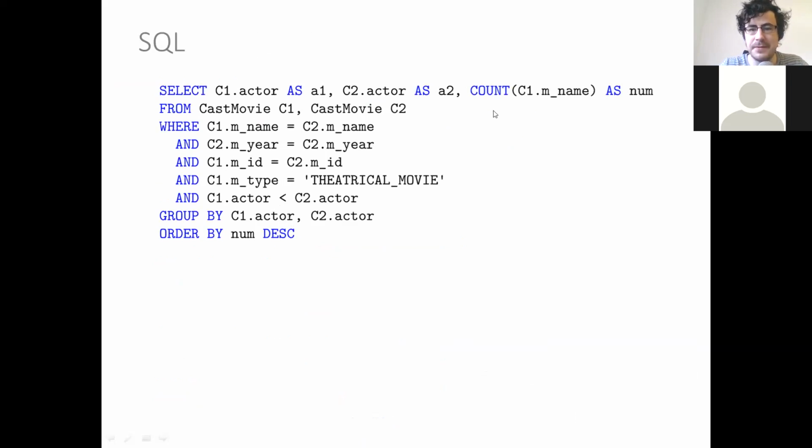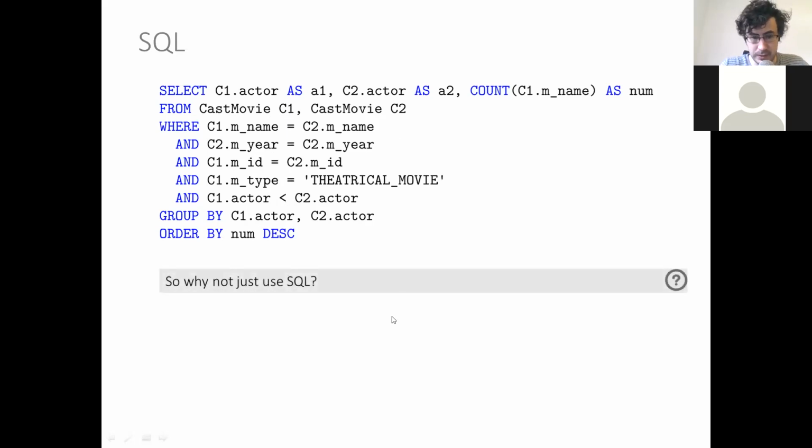So you would just specify what you want, it being a declarative language, and thereafter the system would process the query and generate, in this case, the pairs of actors and actresses that have appeared together in the most number of movies. And we can order that descending to see the top pairs of actors and actresses. So it would be quite a lot simpler to write an SQL query, right?